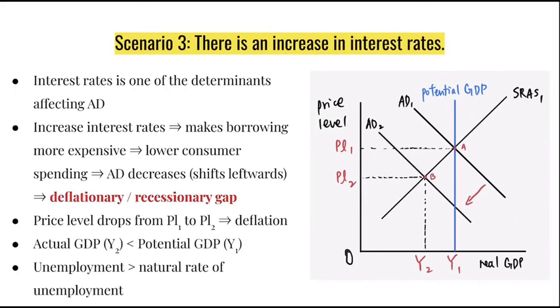The price level decreases from PL1 to PL2, leading to deflation. And the actual GDP Y2 is smaller than the potential GDP Y1, and the unemployment rate is larger than the natural rate of unemployment.